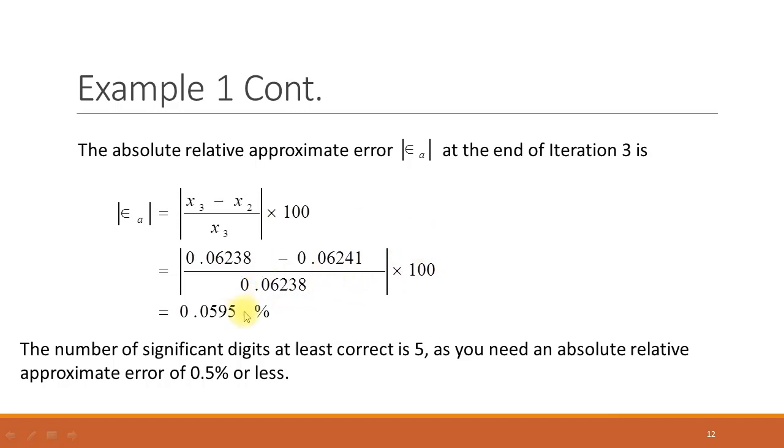After simplification we get the absolute relative approximate error for the third iteration as 0.0595%. Dear students, note that the number of significant digits at least correct is 5, as you need an absolute relative approximate error of 0.5% or less.